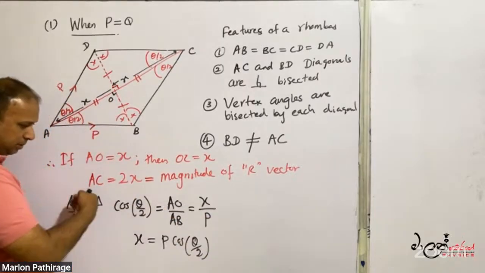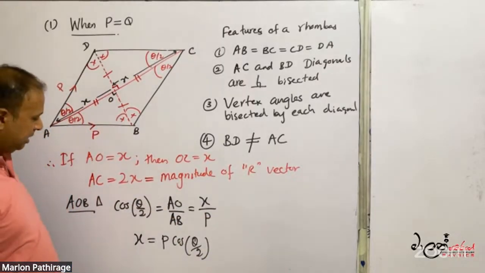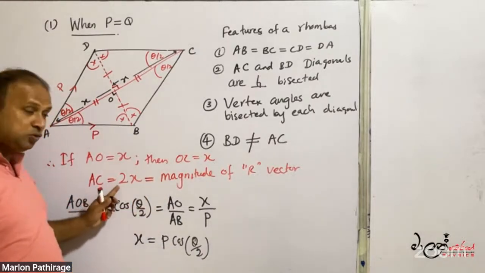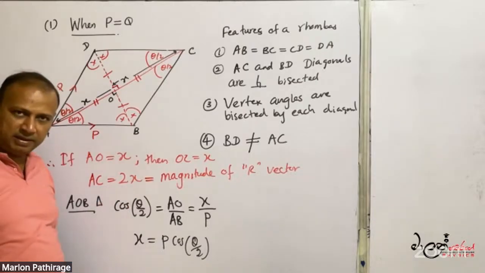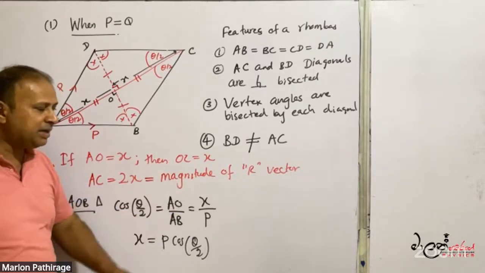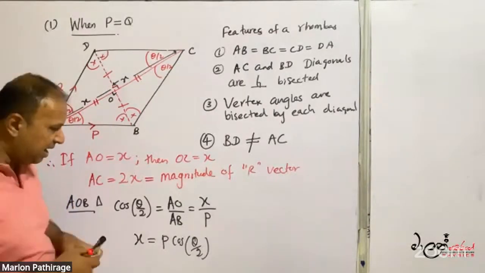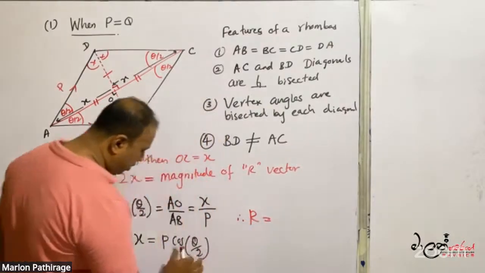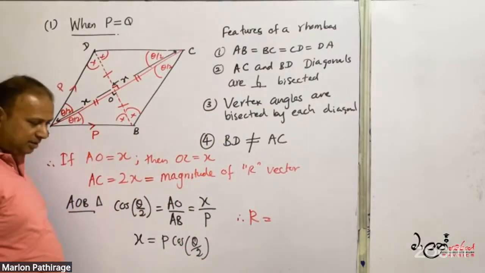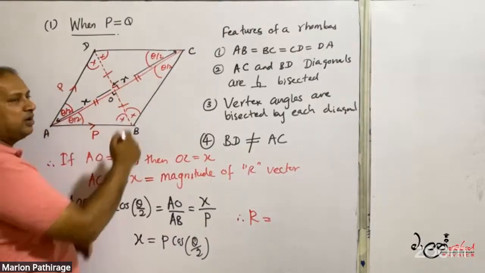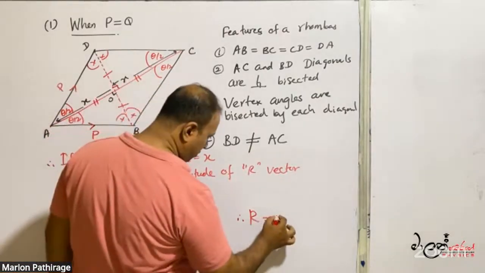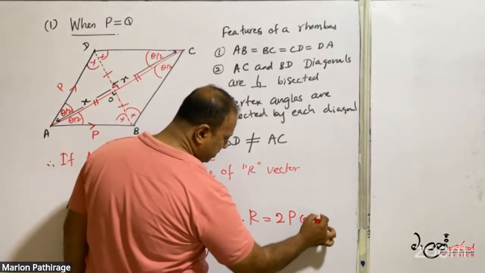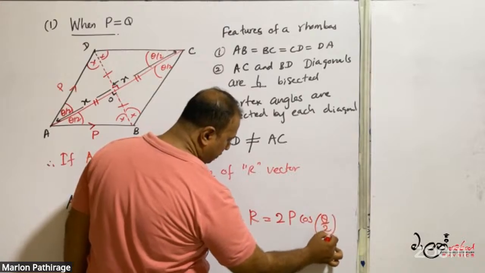Now, R is 2 times this term, therefore R is equal to 2P cos theta over 2.